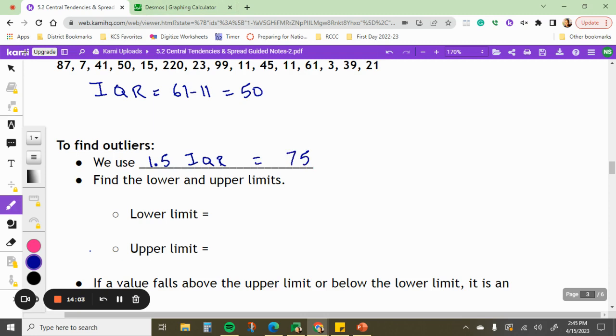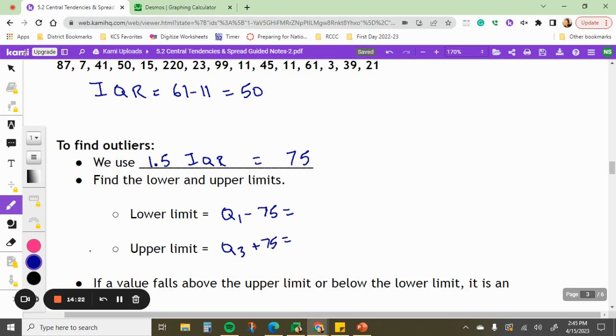So to find the lower limit, I'm going to take Q1 minus 75 because that's 1.5 times the IQR. And to find my upper limit, I'm going to find Q3 plus 75.